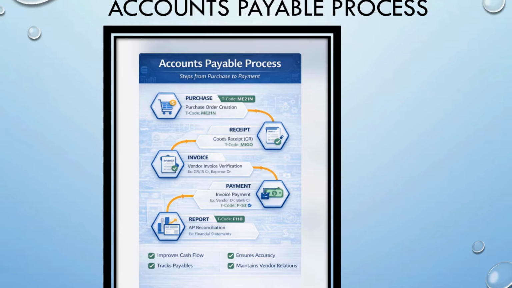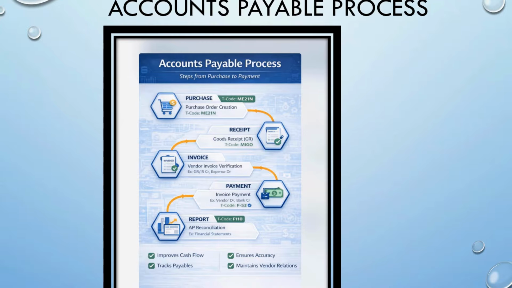When you are looking at AP reconciliations, we will see how much money is due to the supplier. That means we can improve working capital management, improve the cash flow, ensure accuracy, maintain the vendor relationship, and then the trade payables. Trade payables means tracking of your payables.